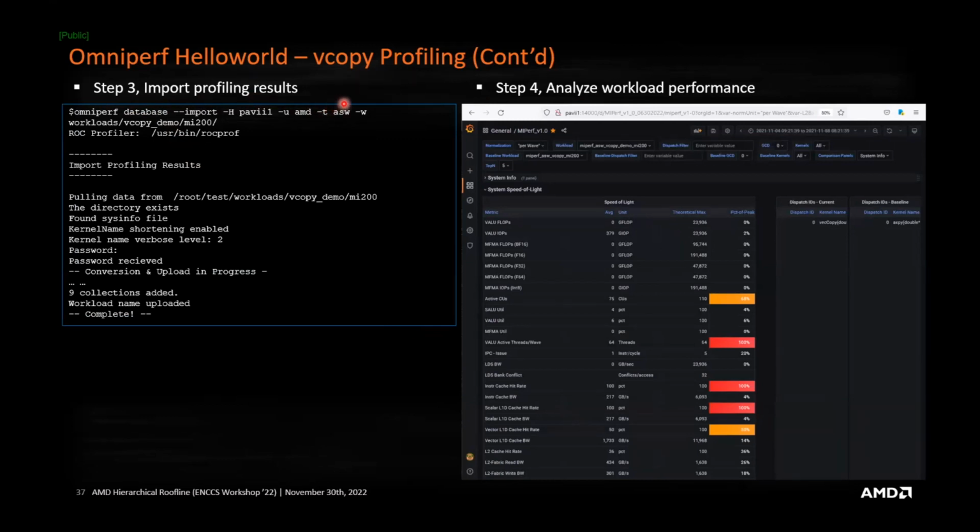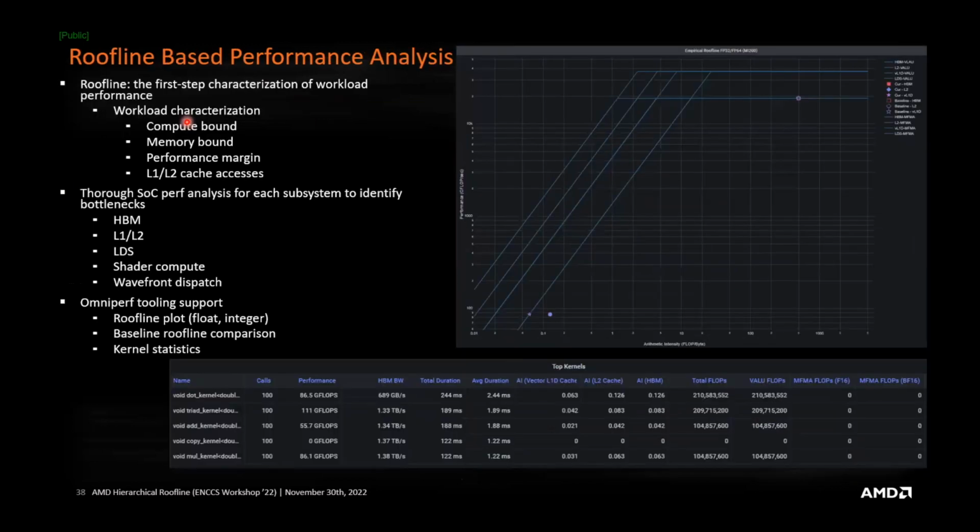It's just a way of organizing all the data that will be on the server. You can sort of group your workloads into these teams. And then -w, you're going to provide the path to the results that you collected. And that will send it all off to your database for you to visualize in the front-end visualization system.